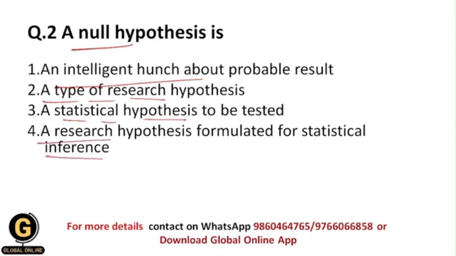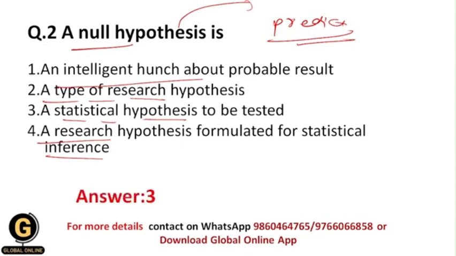So basically students, a null hypothesis is a statement in that we predict that there is no relationship between the variables under study. And in the research methodology, we only test the null hypothesis.